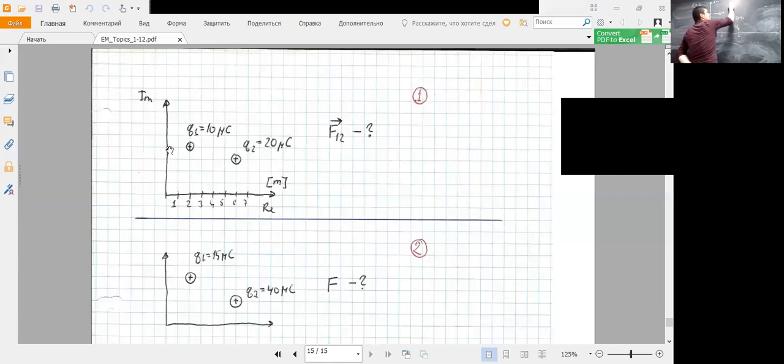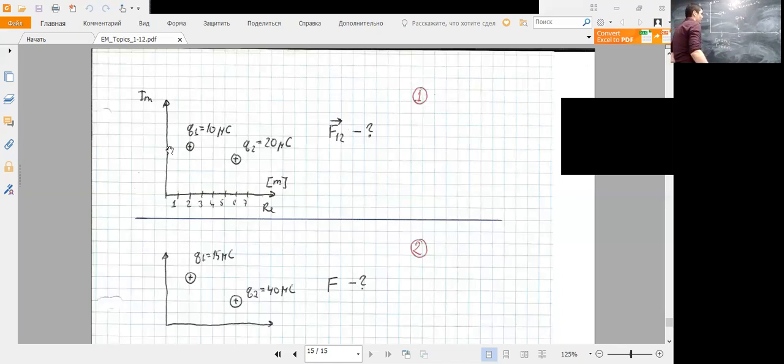So Q1 is equal to 10 microcoulomb, which means 10 to the minus 5 coulomb. Q2 is 20 microcoulomb, 2 multiplied by 10 to the minus 5 coulomb. The distance is in meters, so R1 is 2 plus 4j and R2 is 6 plus 3j.